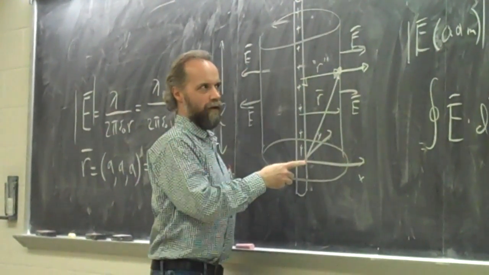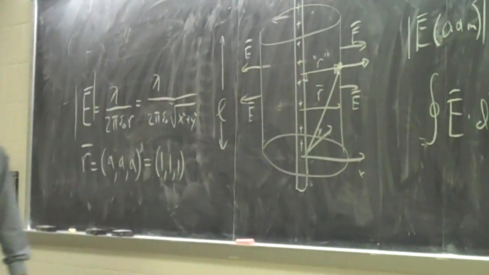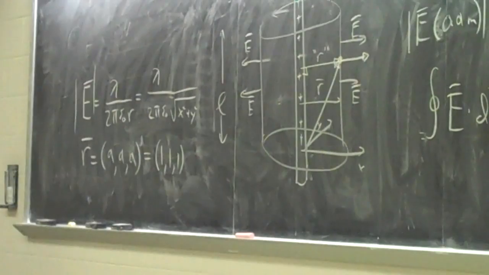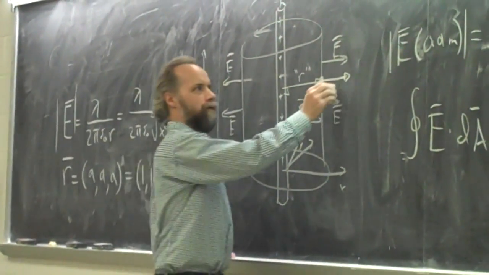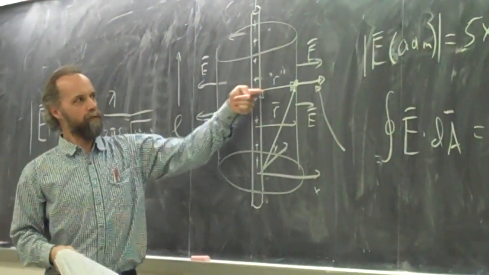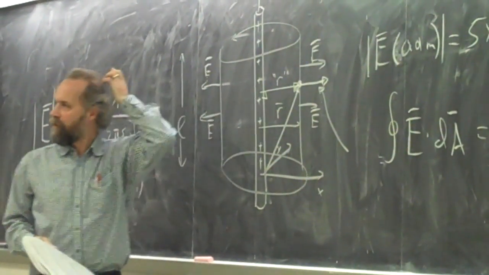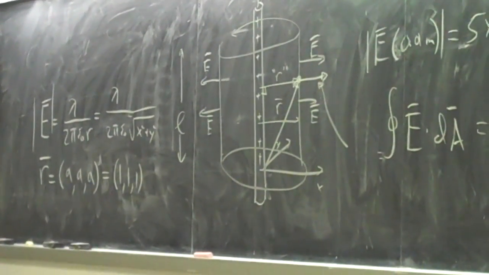My origin is down here, this is 1, 1, 1 here. And if I'm at that location, which way is this? Well, it's something with no z component. Z is this way, and it always points perpendicular to the wire. It's got no z component, but it has the same direction as the x component. Which way is that?